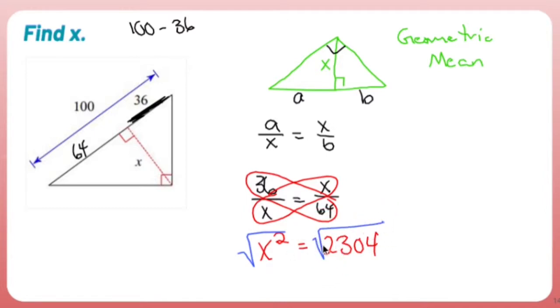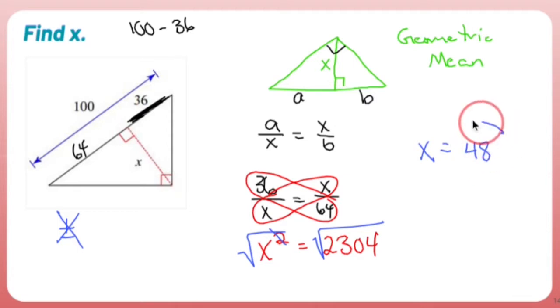Now, usually you attach a plus or minus to your number here. However, I'm not going to do that because that implies you're taking a negative side length, which doesn't make sense. What I do get is the square root of x squared is x, and the square root of 2,304 is 48.